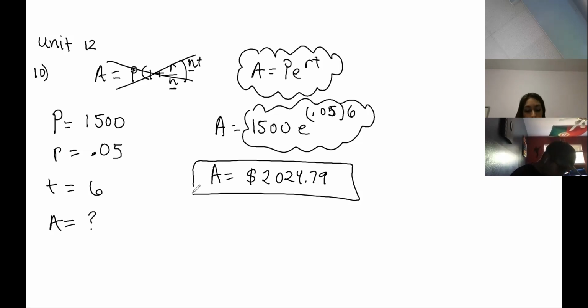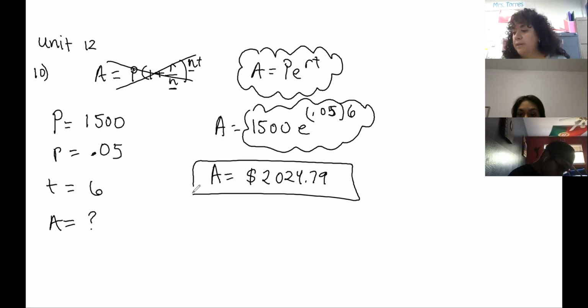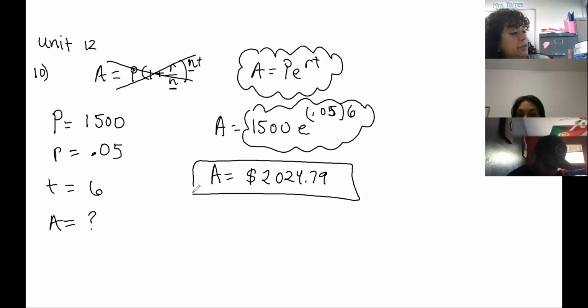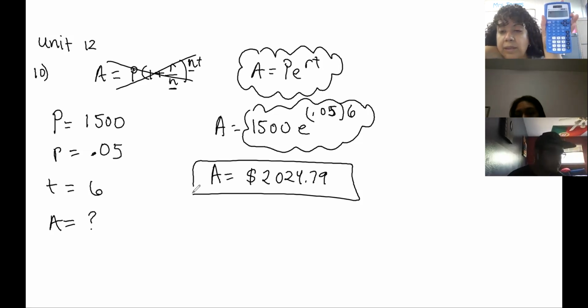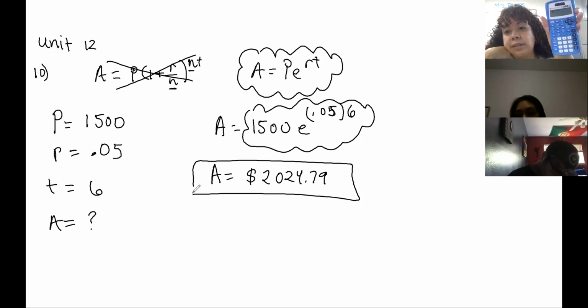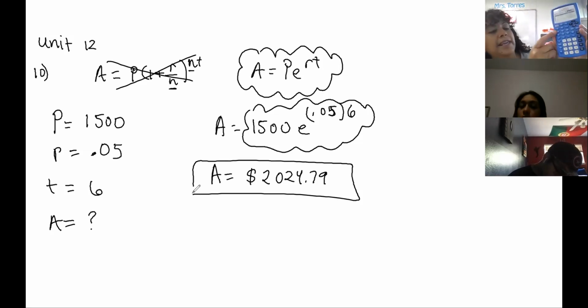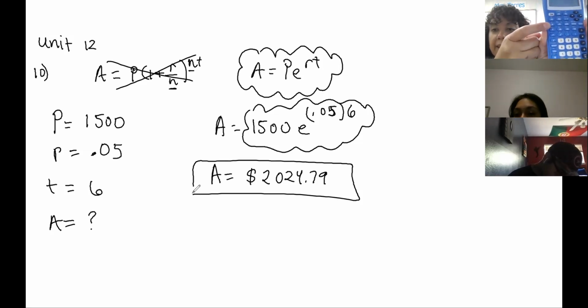I know I don't have the calculator on me, but it's okay. Number 8 from unit 12? Yeah. Okay, on that one, I'm going to pick this up. Is your calculator similar to this one, or is it a little different? It's a little different, but it's basically the same. Is it a Texas Instruments? Yeah. Okay, so what you're going to do is your E key is right here above the LN key.